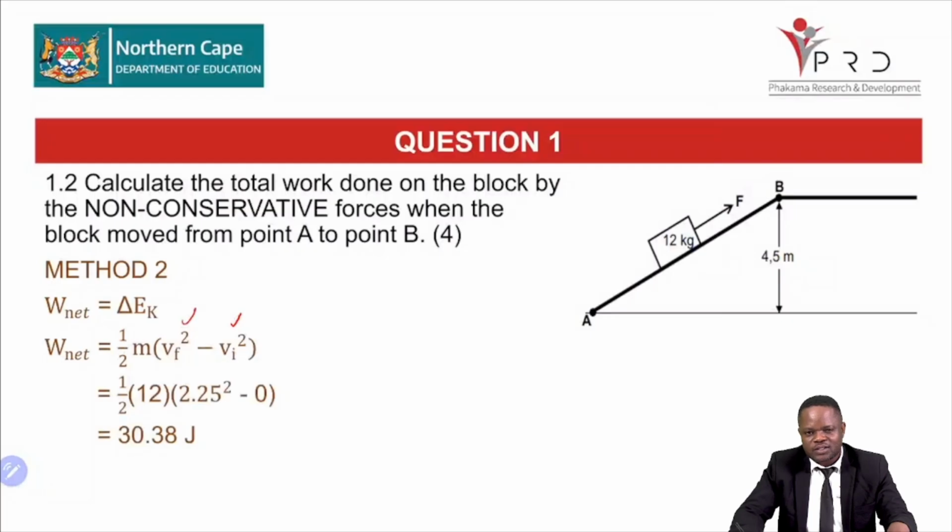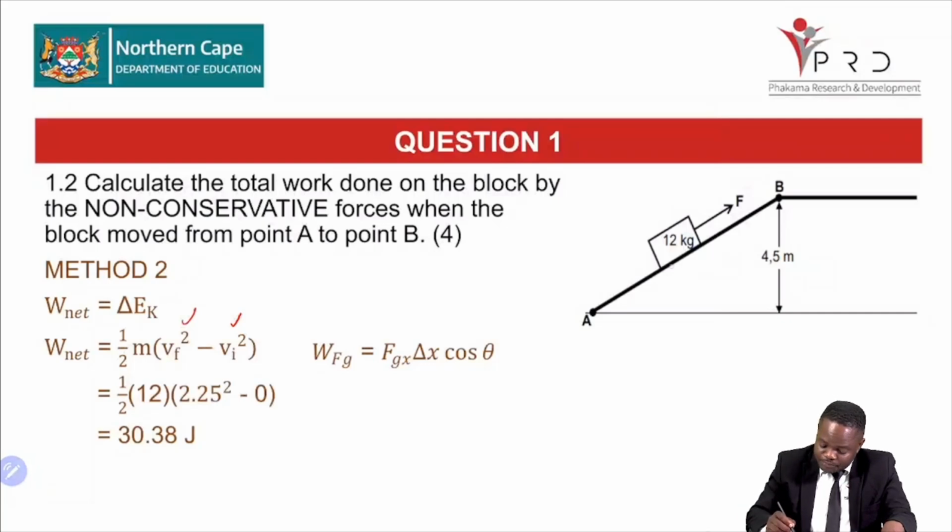But now the question is, what is our net work done comprised of? The net work that is done here is going to be comprised of the work done by the weight of the object. So this is the weight. The weight is going to do some work there on the object.